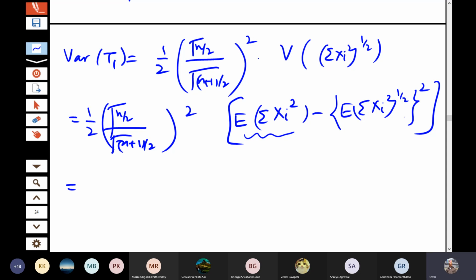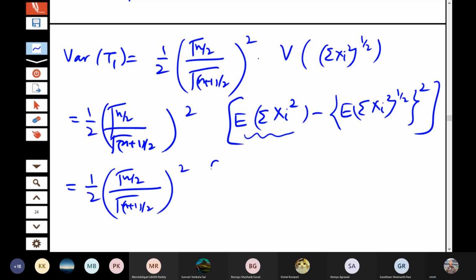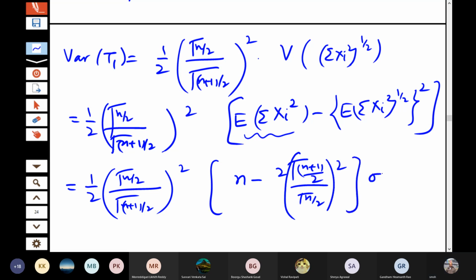So sigma square I will keep outside, and these terms will remain: half, gamma n by 2 by gamma (n plus 1) by 2, whole square, times n minus 2 times gamma (n plus 1) by 2 by gamma n by 2, whole square, sigma square.